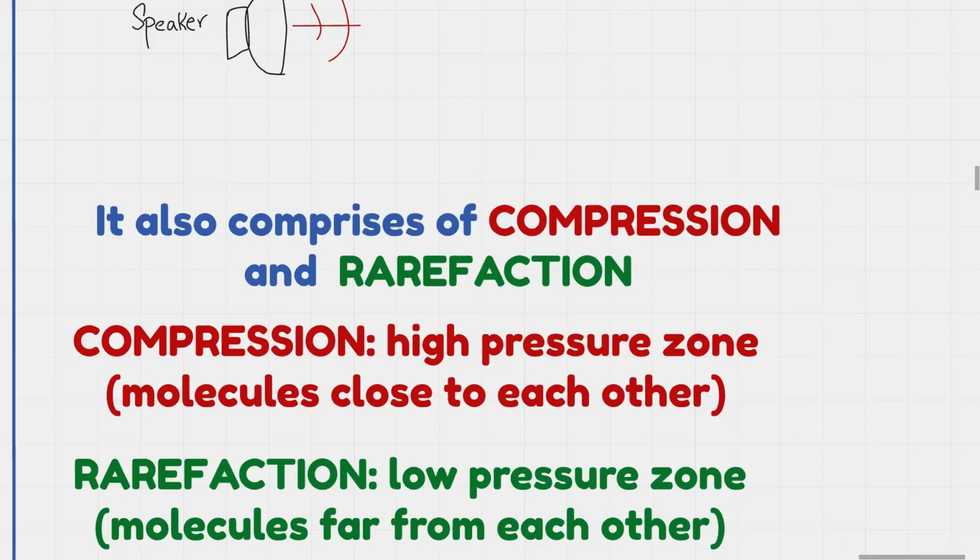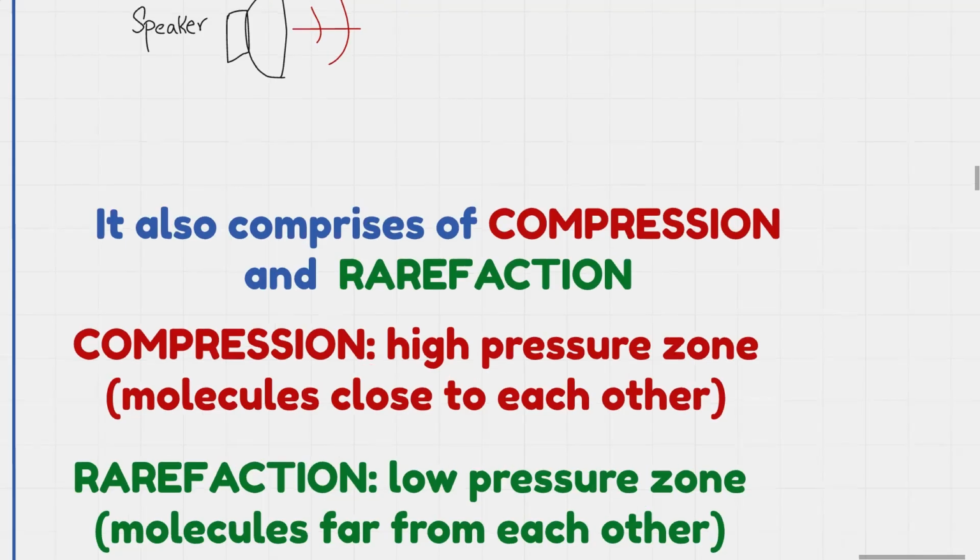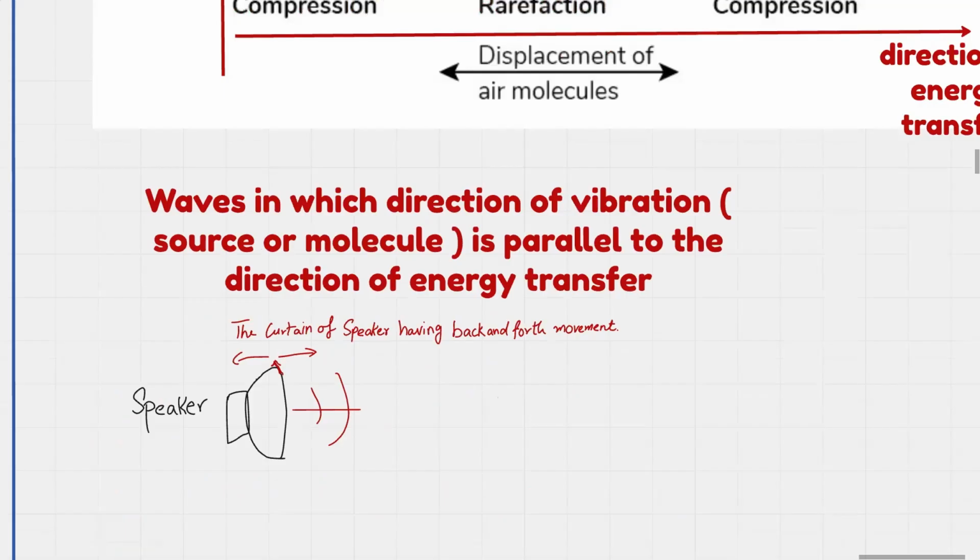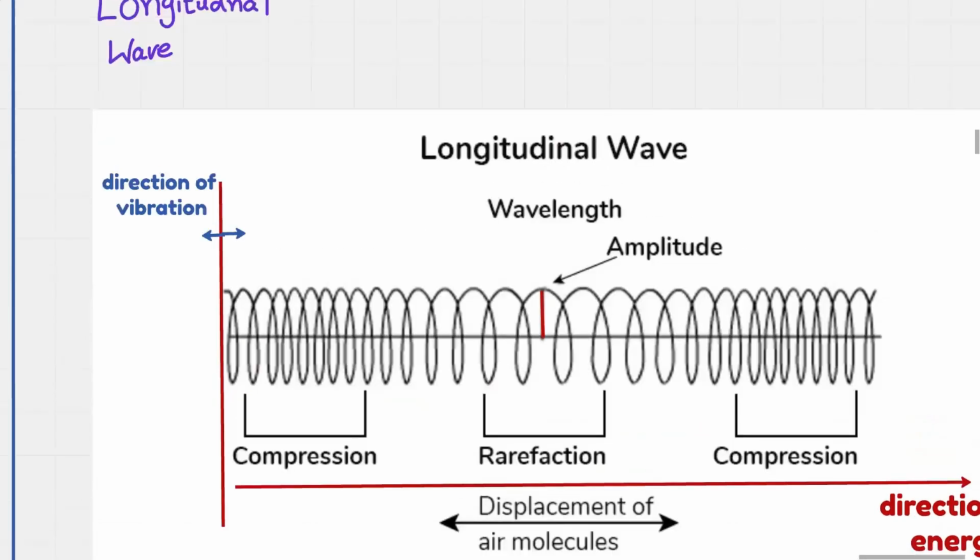Whereas rarefaction is known as the low pressure zone. When the molecules are far from each other, they create a rarefaction. When the wave is not bound together and has space between different waves, there is low pressure over the molecules, and it's called rarefaction.